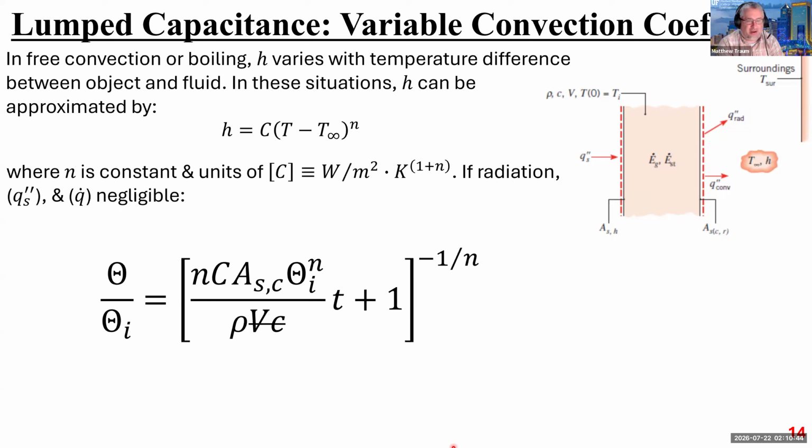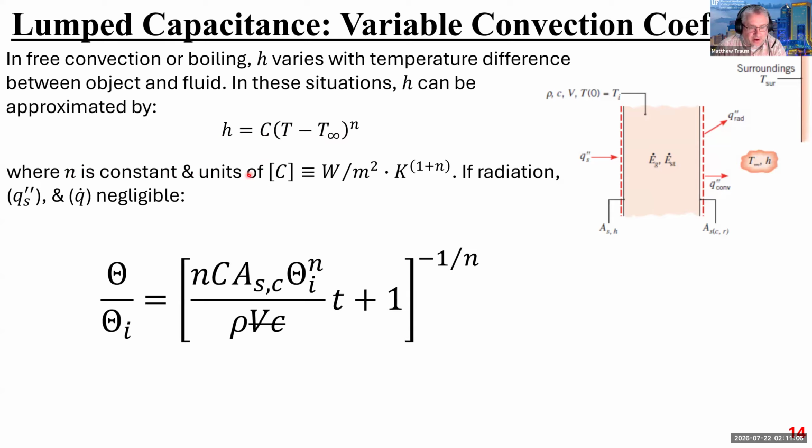That's free convection. We'll, in theory, talk about that later, although we may run out of time. This also occurs in boiling, which hopefully you've seen. So h varies with temperature difference between the object and the fluid. In these situations, h can be approximated by this equation.